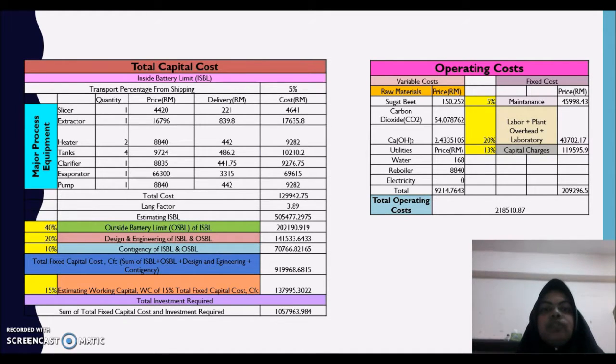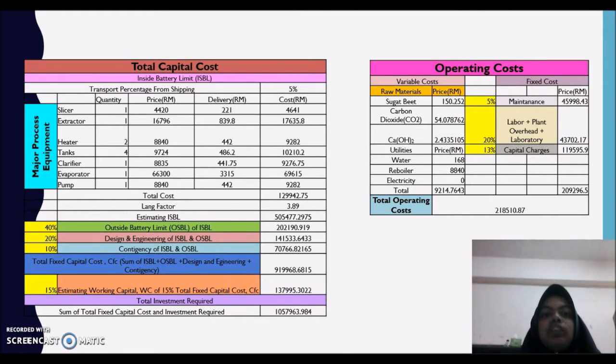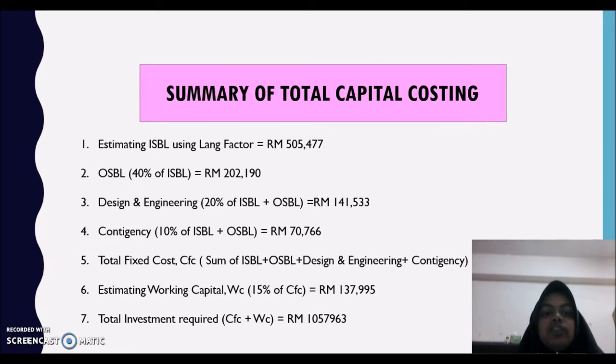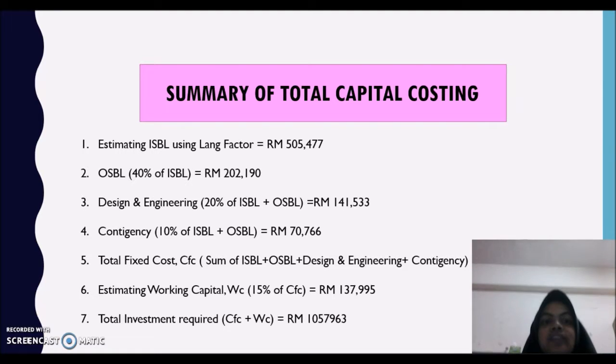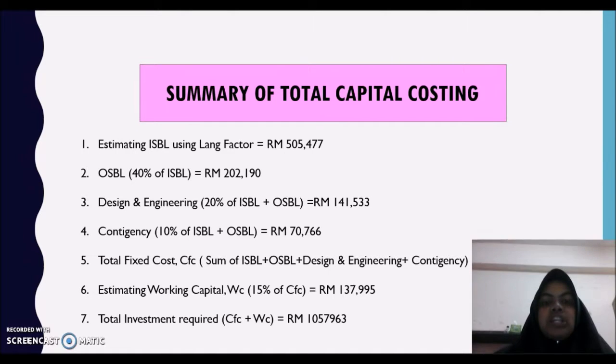For today I will explain the costing and the cash flow for our company. We have two types of cost, total capital cost and operating cost. For the total capital cost, we have seven parts: estimating ISBL using the Lang factor, which is 3.86; OSBL, which is 40% of ISBL; design and engineering, which is 20% of ISBL and OSBL; contingency, 10% of ISBL and OSBL; total fixed cost, which is the sum of the ISBL, OSBL, design and engineering, and contingency.